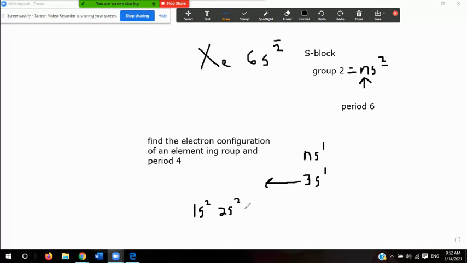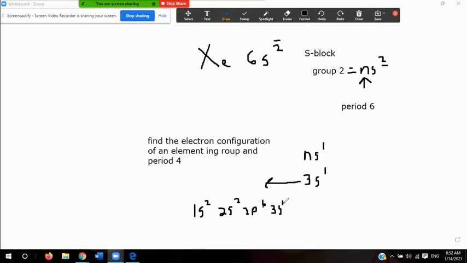Then we go to 2p6. And then, of course, 3s1. 3s1 is the highest energy level, and it has only one electron.